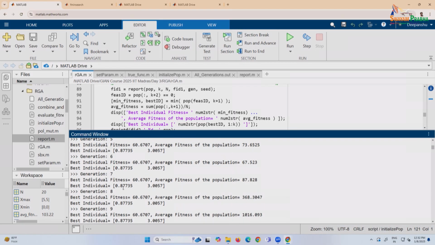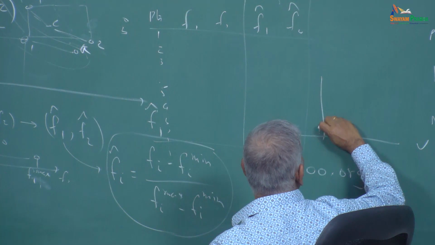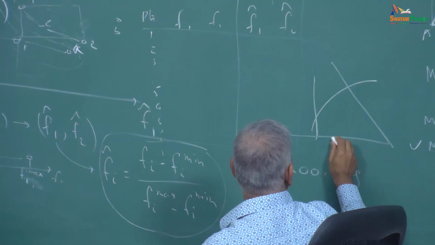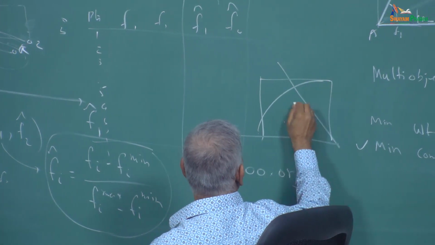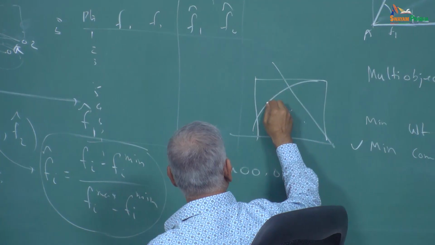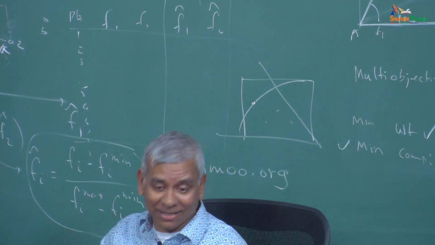Then it goes to 60, 60, now almost stuck. In fact, this is very, very close to the optimum. I think the optimum, as I know, is 60 point something. In the simulation I showed you, there was one that goes like this and one that goes like this, and we run and the solution kind of comes over here. Remember, that is the one here.